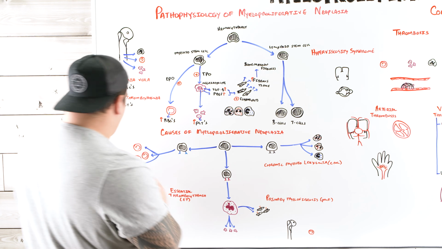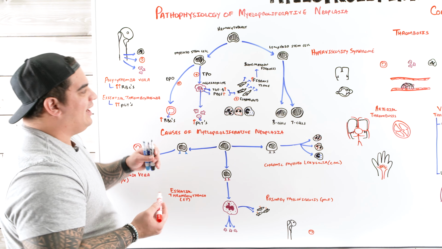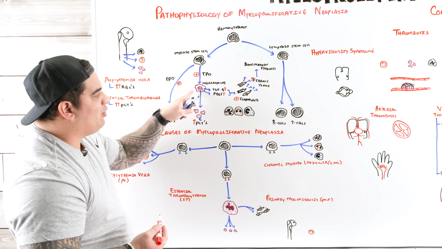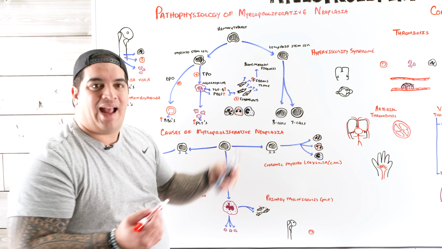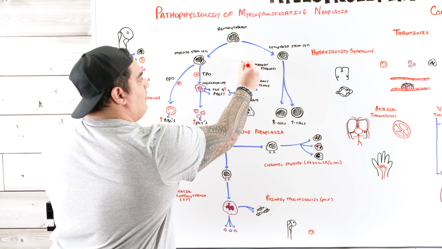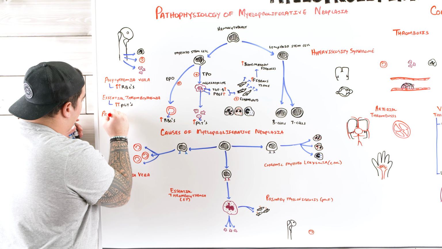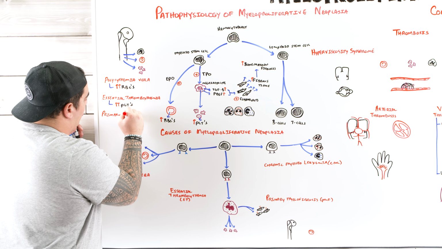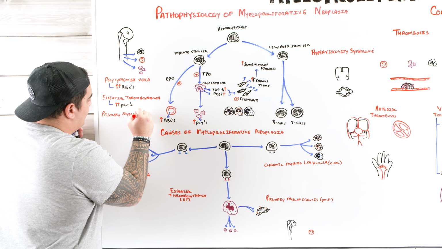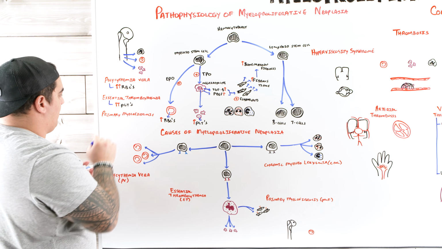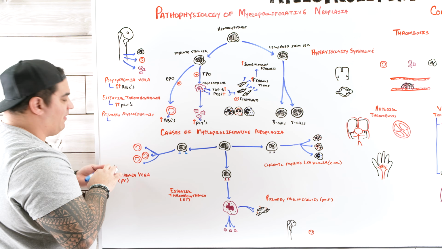All right, so this one's a weird one. It doesn't really involve a specific cell line. It kind of hits the intermediate, which causes the sideway reaction that leads to a lot of bone marrow fibrosis. This one is called primary myelofibrosis. Nice name, right? Basically what happens with this one is there is a bone marrow fibrosis.